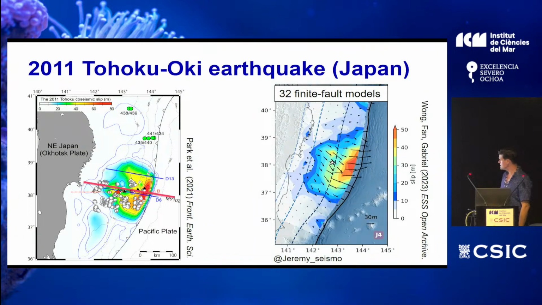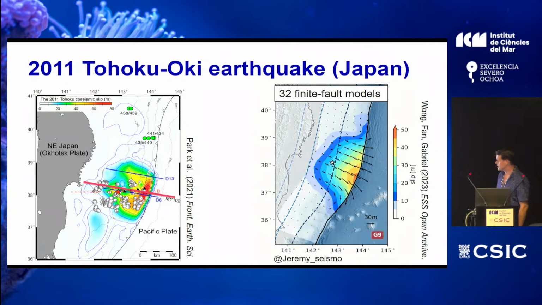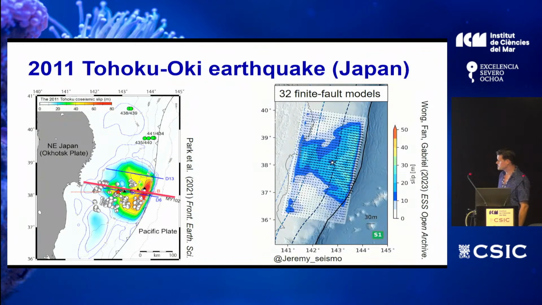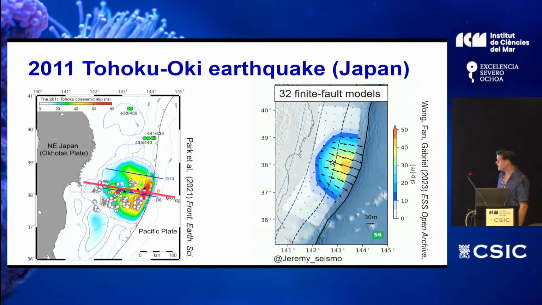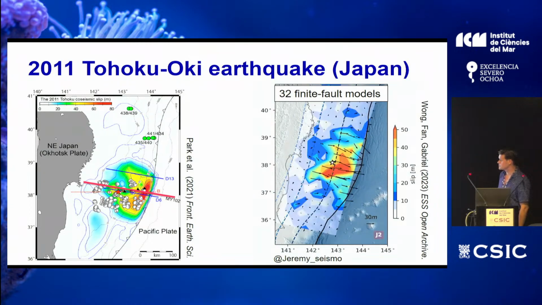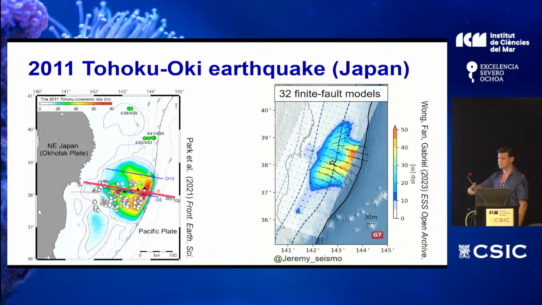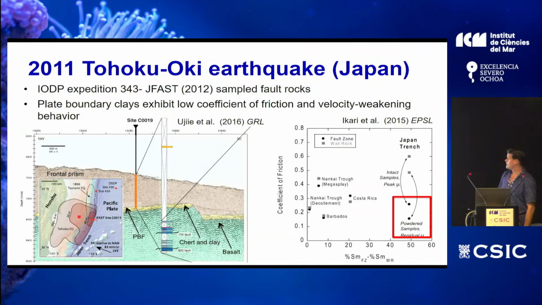So what I'm going to do here is to extract elastic properties along this section over here, which is crossing the area of highest fault displacement. There is a tomographic image over here, so I'm using these velocities to extract Vp, Vs, density, and rigidity. And also, what I'm using here is friction information. In few places in the world, we actually know the state of friction in the fault.